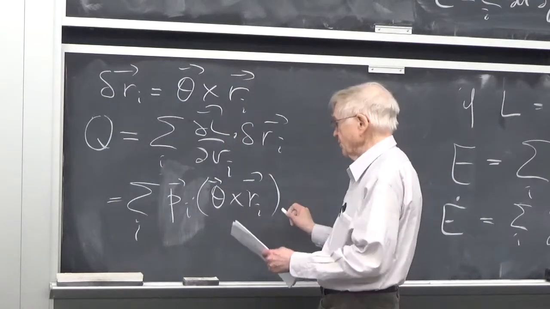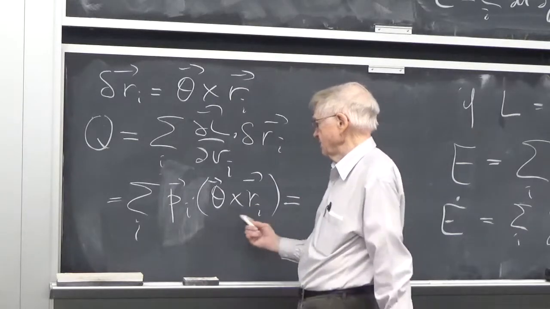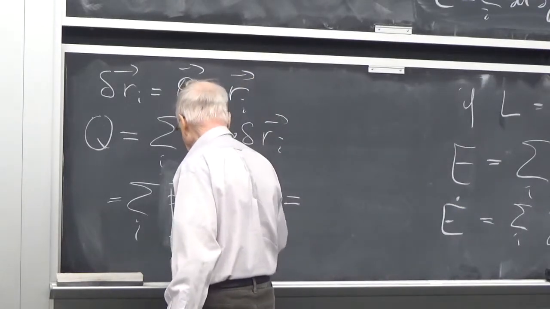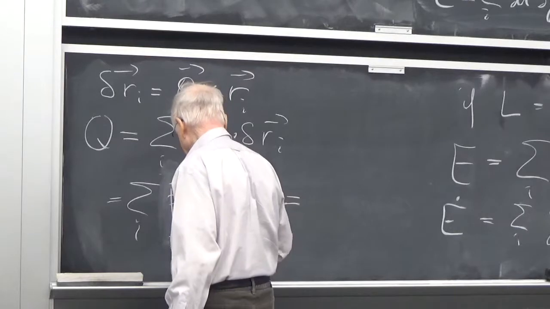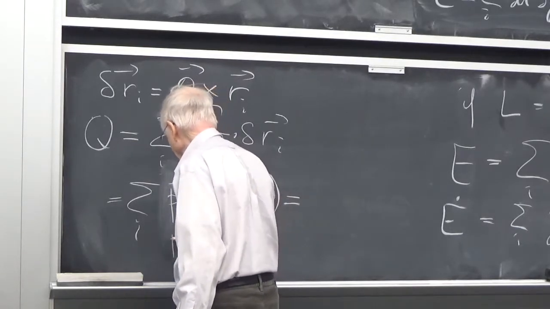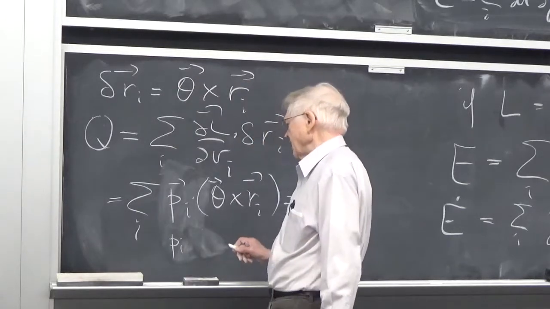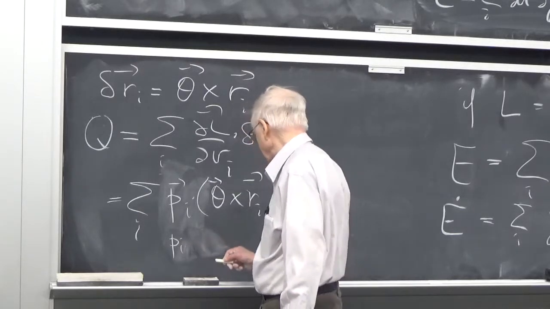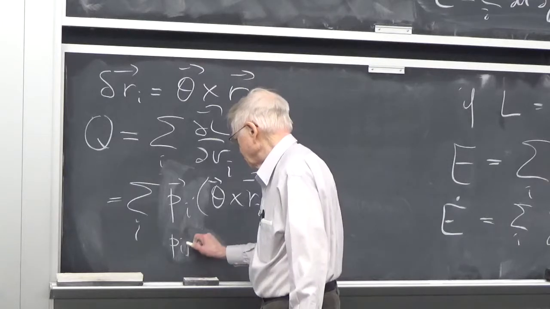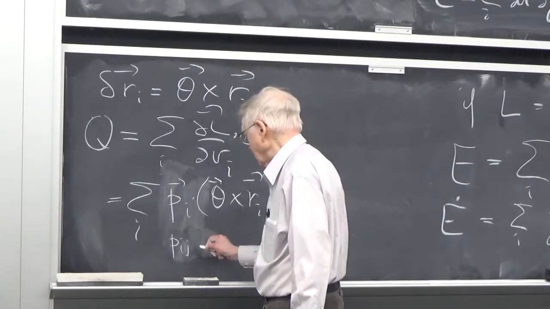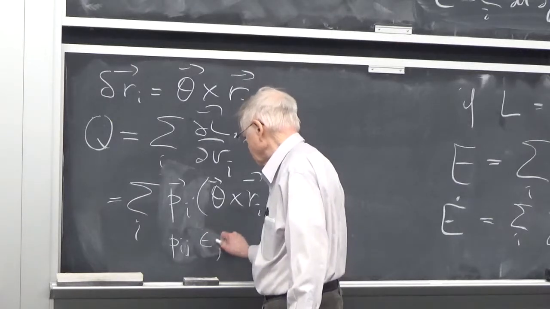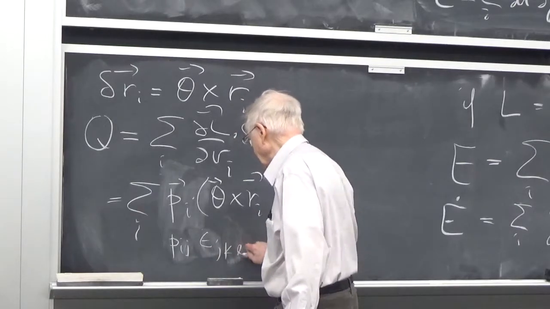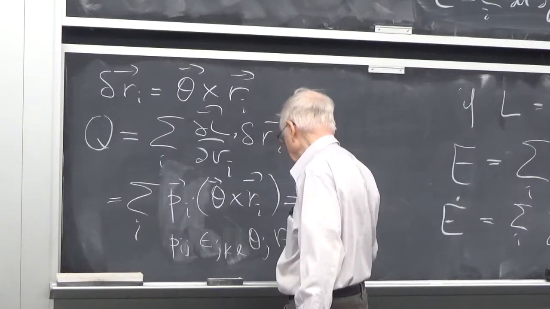And you can manipulate this using the Levi-Civita symbol if you want, because this is Pi, let us say, J, the jth component of that, times the jth component of this, which would be epsilon j, k, l, theta k, Ri l.